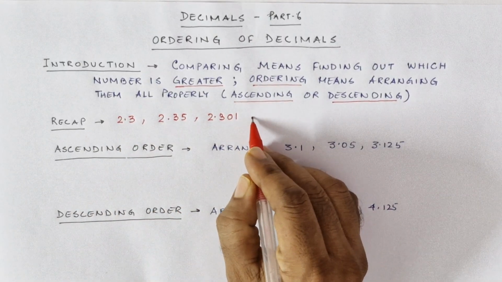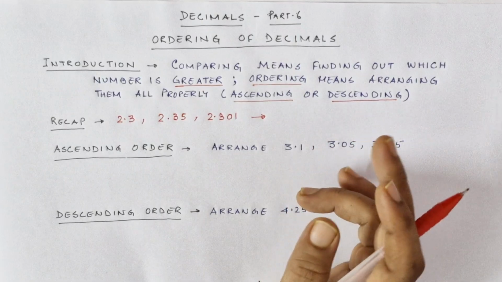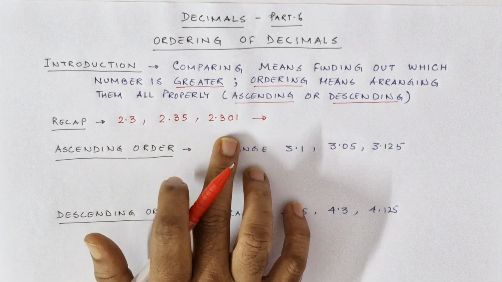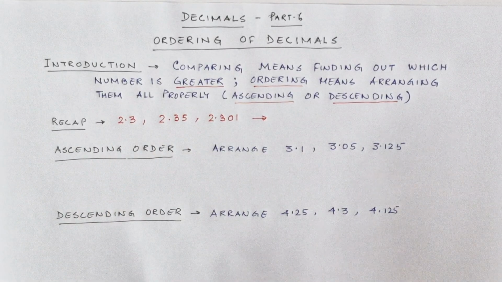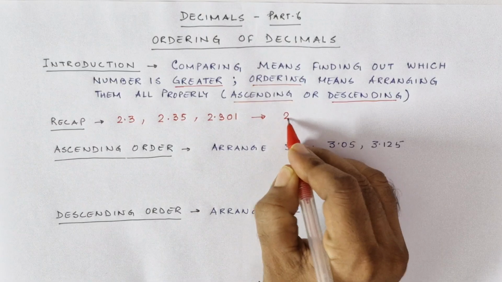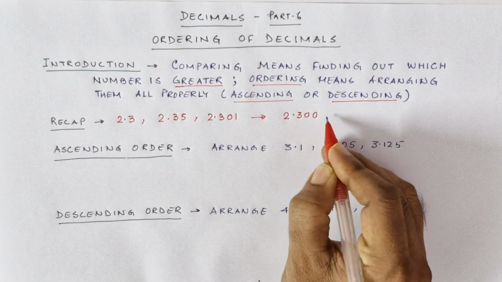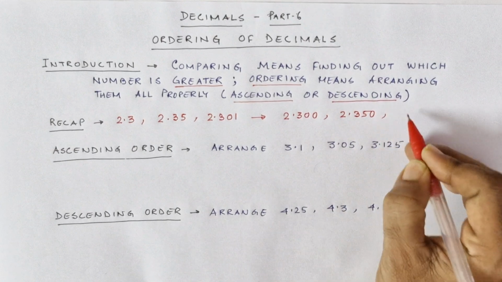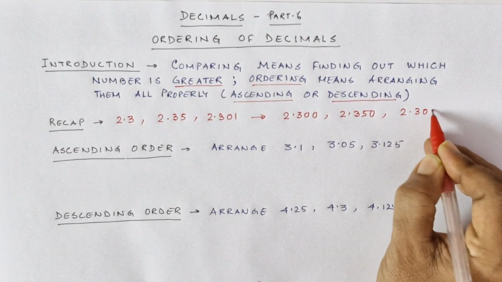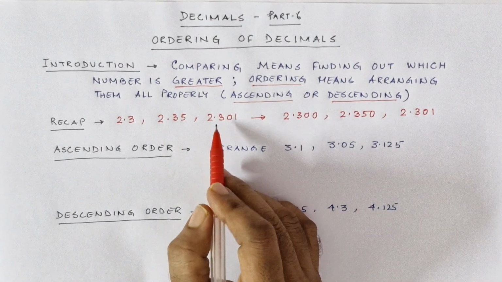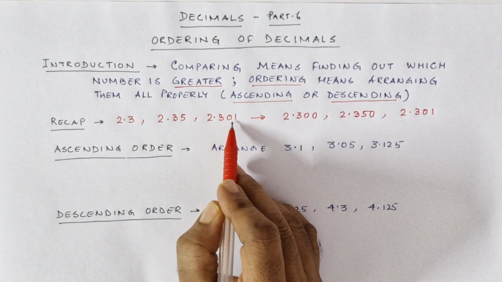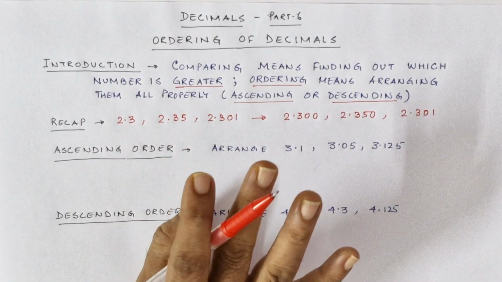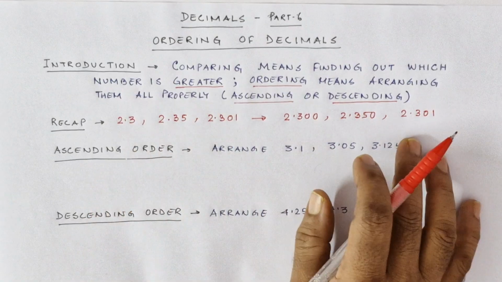In order to do that, we converted these unlike decimals into like decimals. 2.3 becomes 2.300, 2.35 becomes 2.350 and 2.301 remains as 2.301. Why? Because after the decimal there are 3 digits here, so we have to make all the other decimals have 3 digits after the decimal to make them like decimals. So we have converted them.